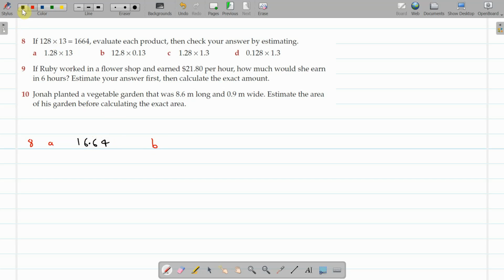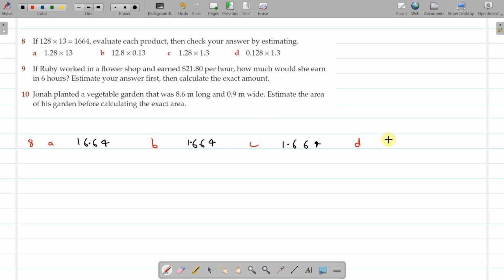B, same 4 numbers. How many decimal places? 1, 2, 3. C, same 4 numbers. Decimal places equals 1 for that one, 2 for that one, 3. Same answer as B.